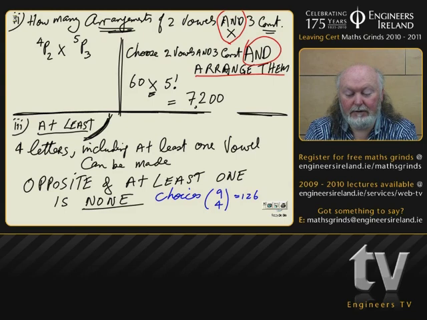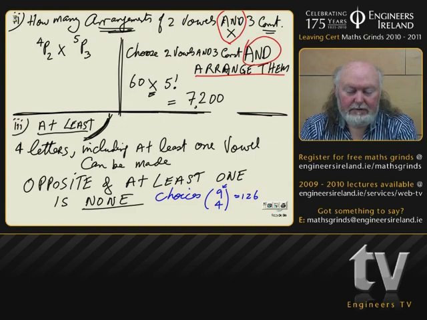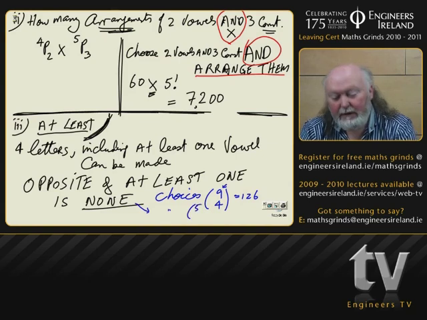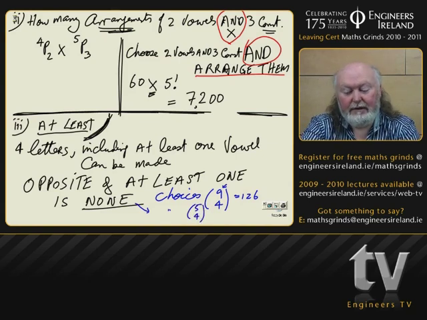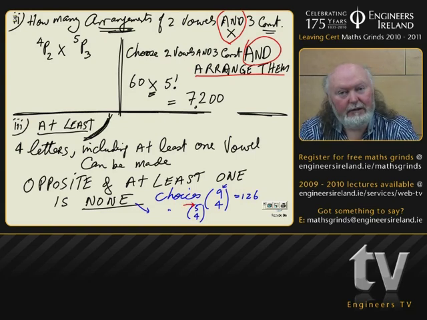That's why we have our 9 up here. That's the absolute total number. Now, if none of them are a vowel, then there's only this many choices. Because now I only have 5 consonants to choose from. I'm not allowed to pick a vowel, and I'm still picking 4.